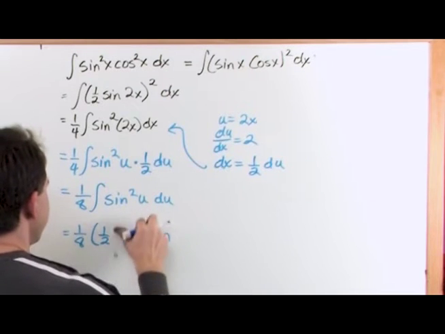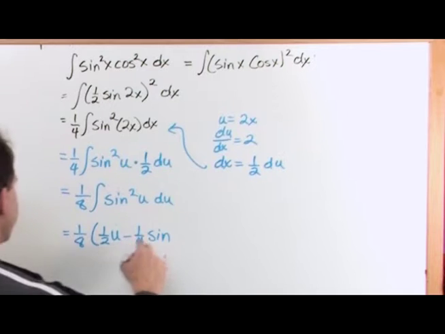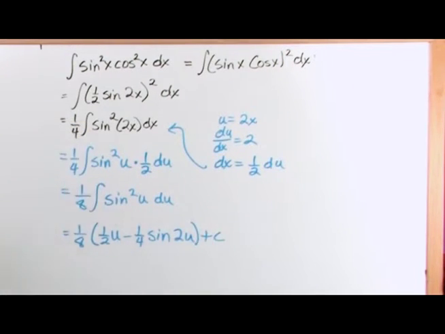Actually, it's going to be 1/2 u, because I'm still talking in terms of u, minus 1/4 sine of 2u plus a constant. All I did was take this useful integral. Most of the books in this section of the textbook give you a couple of useful integrals that are helpful.